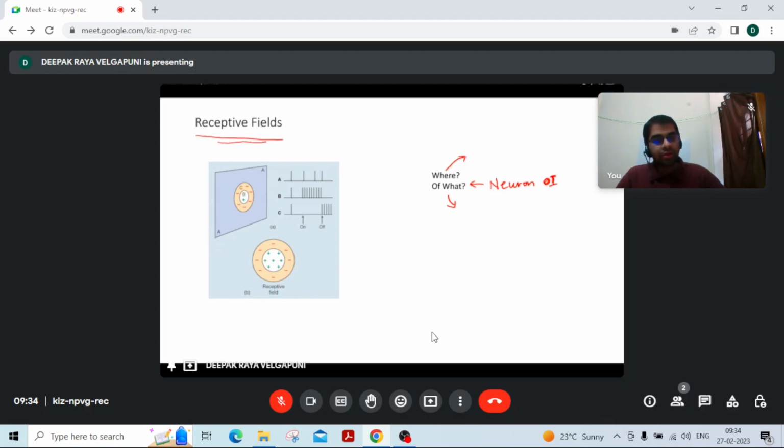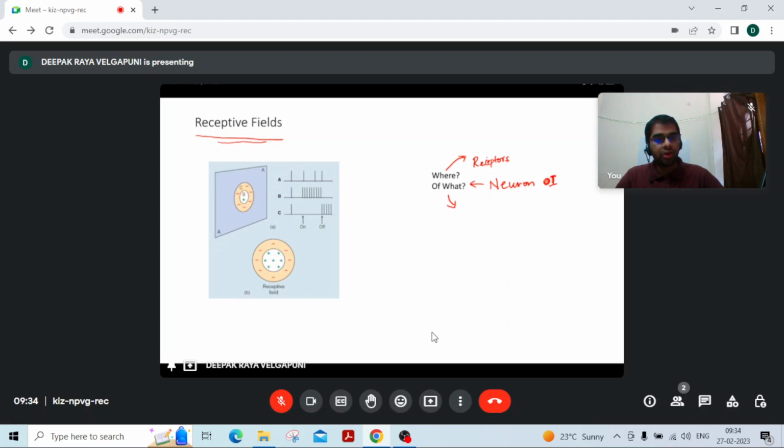We generally ask what is the receptive field of a particular neuron. But where is it located? It is located on the receptors. This can be defined for different sensory systems, either for vision or touch, auditory, etc. So receptive field is an area on the receptors.